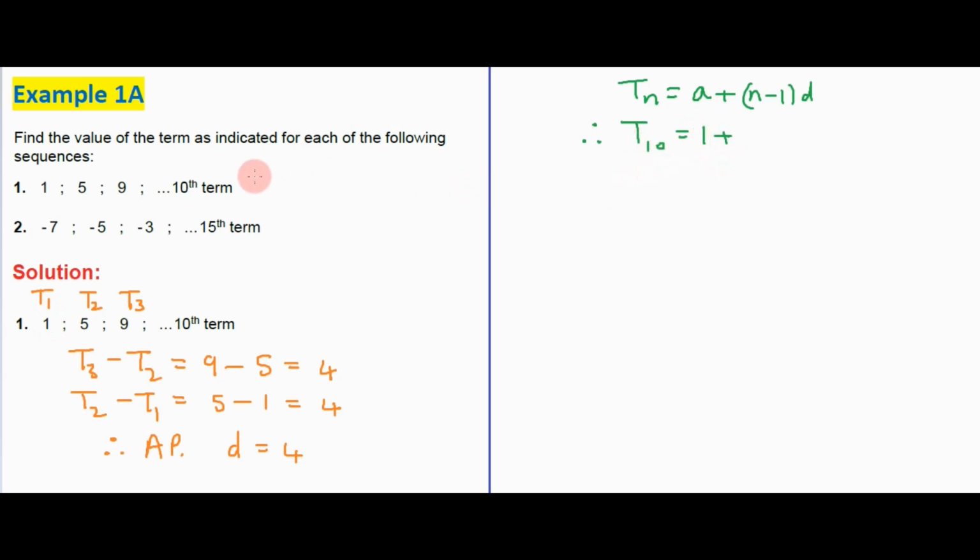N is the number of terms, and we want the value of the 10th term. So n is 10, so we have 10 minus 1, which is 9. And then times the common difference of 4. And this comes to 37. So the value of the 10th term then is 37. Let's look at B, or rather 2.